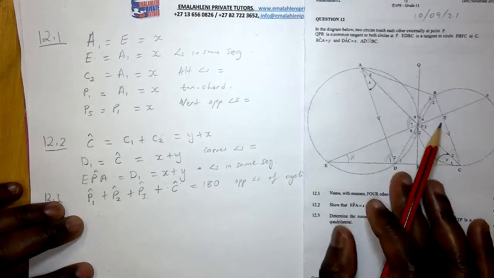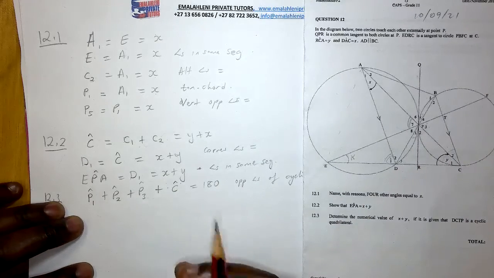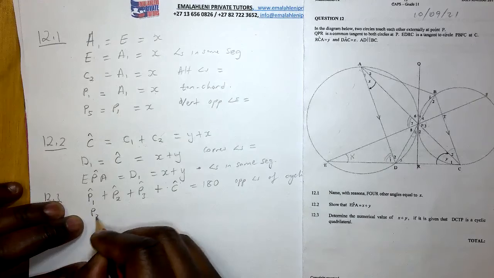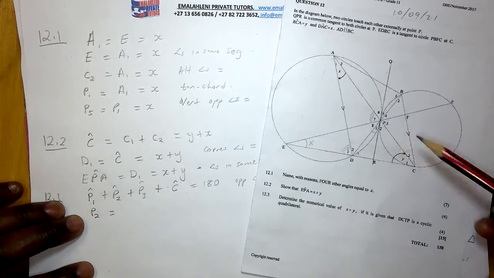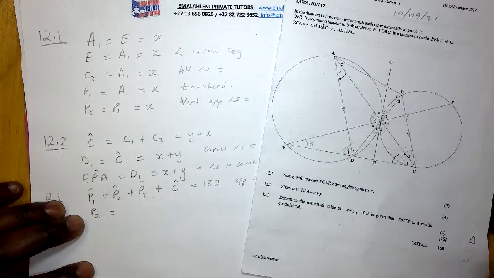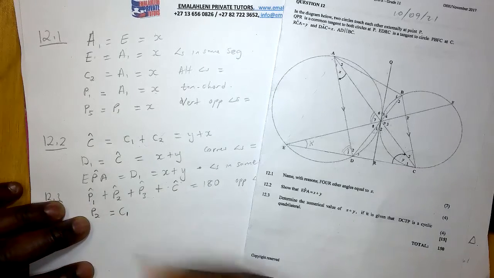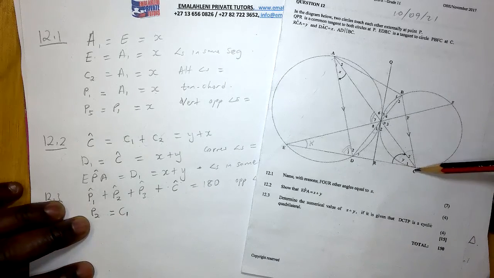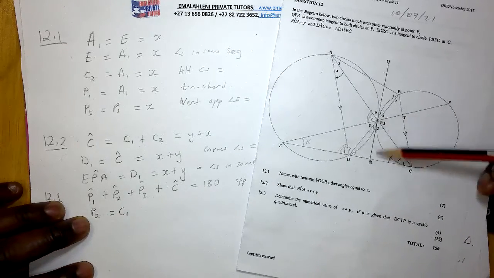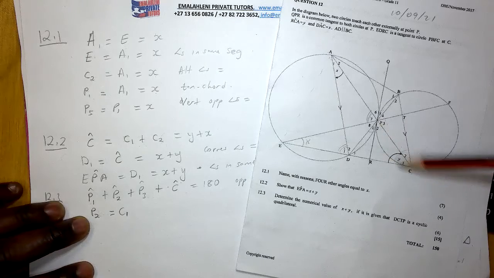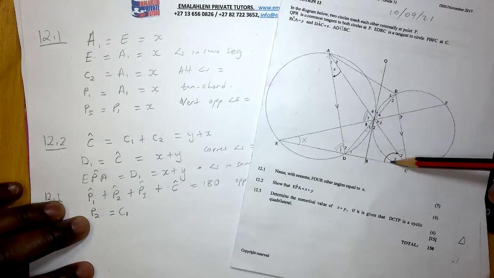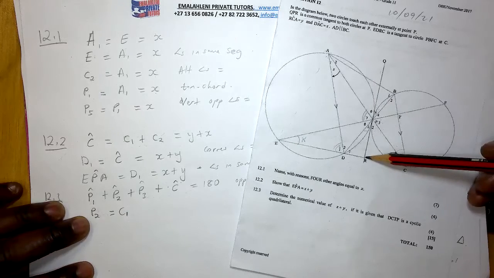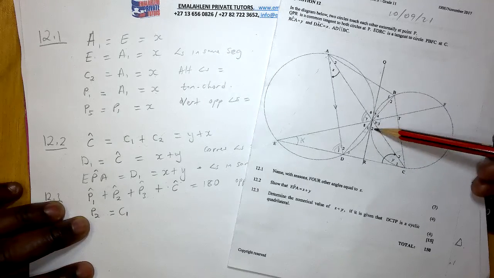So what is our P1? We already have it. P2 should be equal to what? Let's check P2 here. We see that P2 should be equal to C1. Why are we saying that? Because we have got tangents from the same point. The tangents, which are RP and also RC, are two tangents meeting at R, and they are equal.